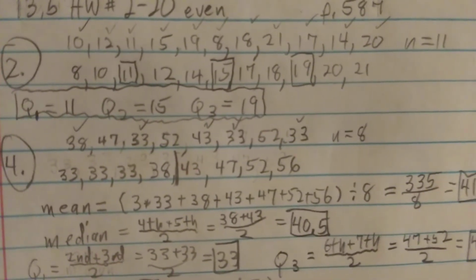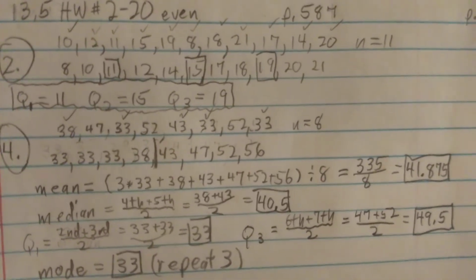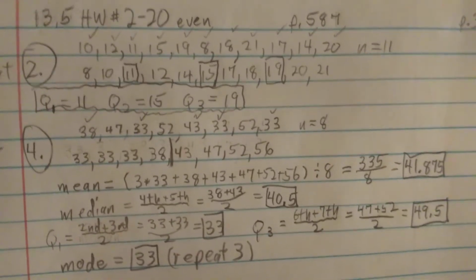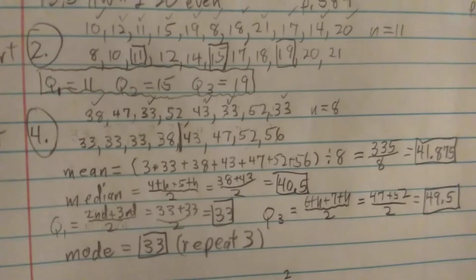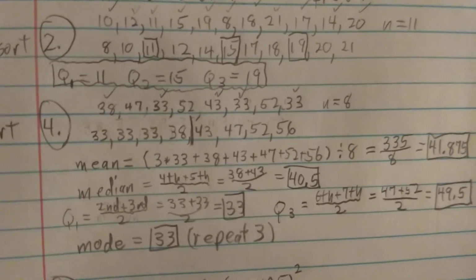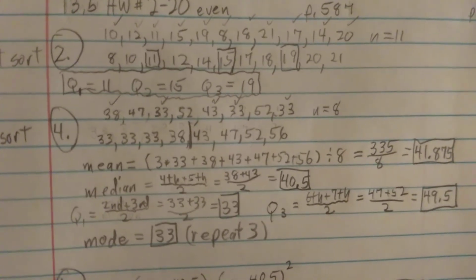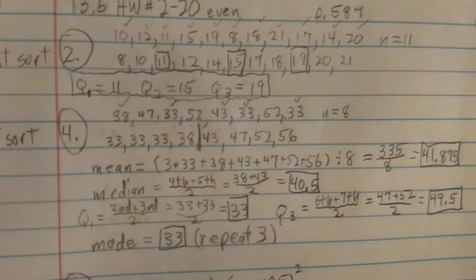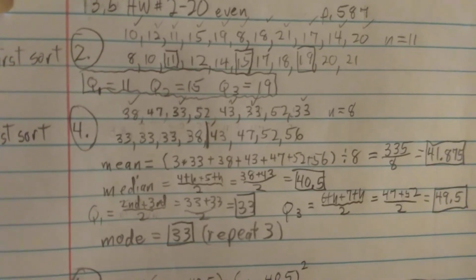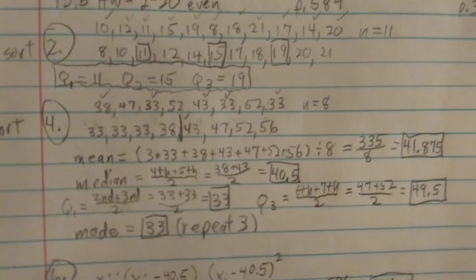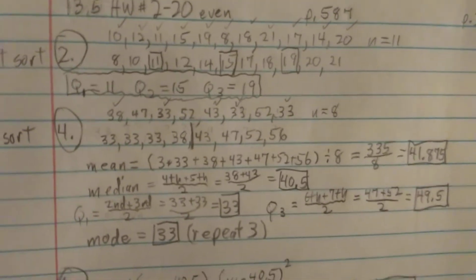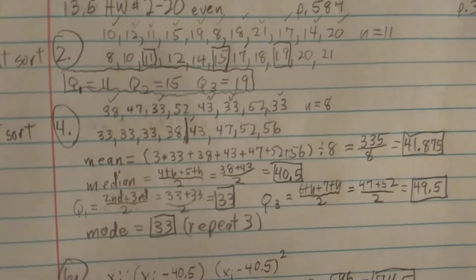So the first one's 8, which is about in the middle, then a 10 on the first, and then 11 about the third, and then 12, the second number, 14 is next to last, 15 is the fourth, 17 is 3 from the last, 18 is above the middle, 19 is below the middle, 20 is the last, and 21 is above the middle. So that's sorted, and we have 11 numbers.